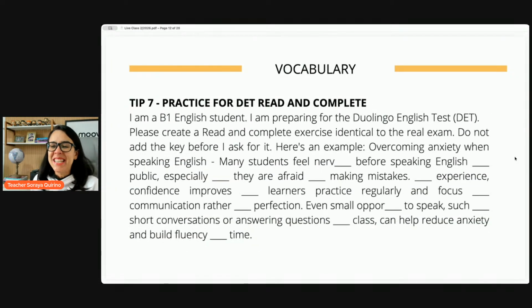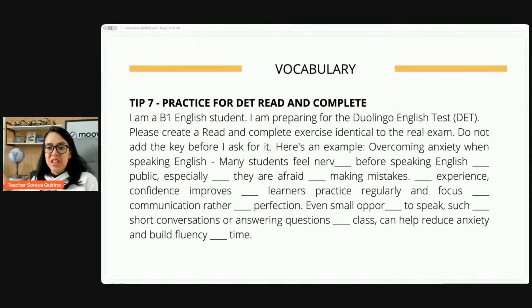Practice for DET, read and complete. Yes, you can also use ChatGPT for that. If you're studying for IELTS, you can ask ChatGPT to make up a text for you about an academic topic, IELTS style, and create true, false, not given questions for you.